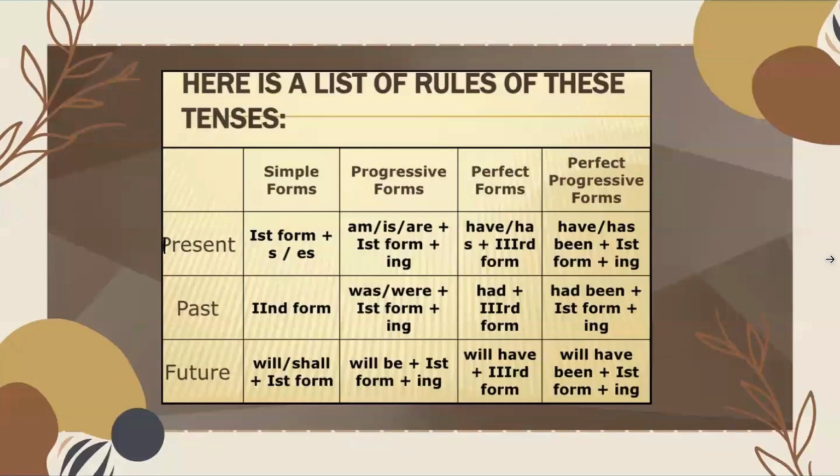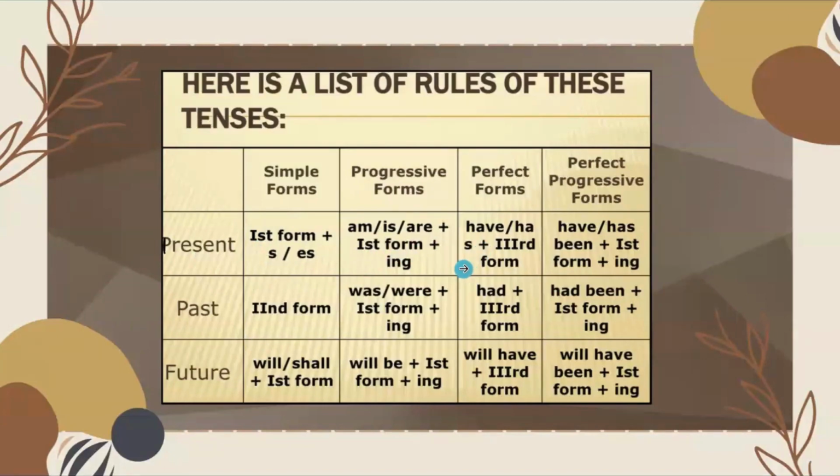Here is a list of rules of these tenses. So in simple present tense, we use the first form of verb plus s or es. In present continuous or progressive forms, we use the auxiliary verb am, is, are plus the first form of verb including ing.